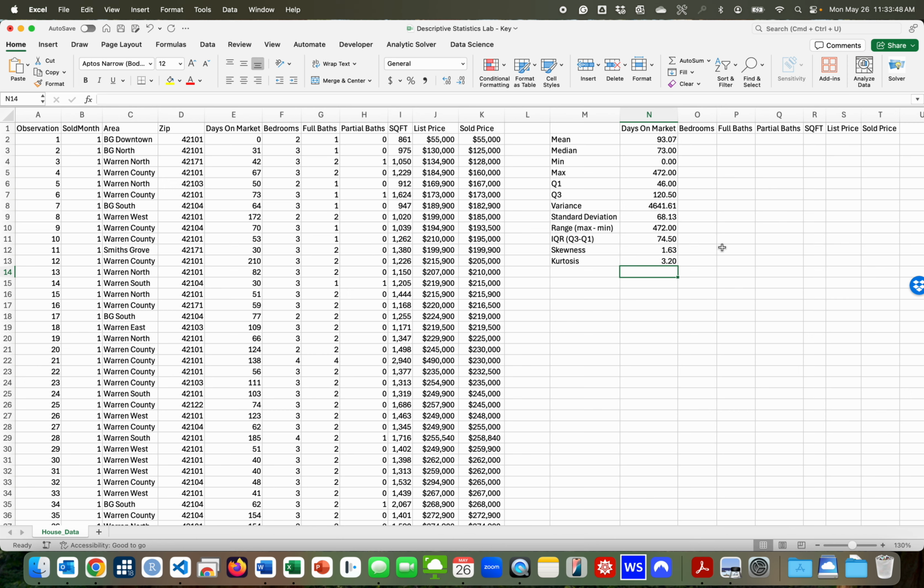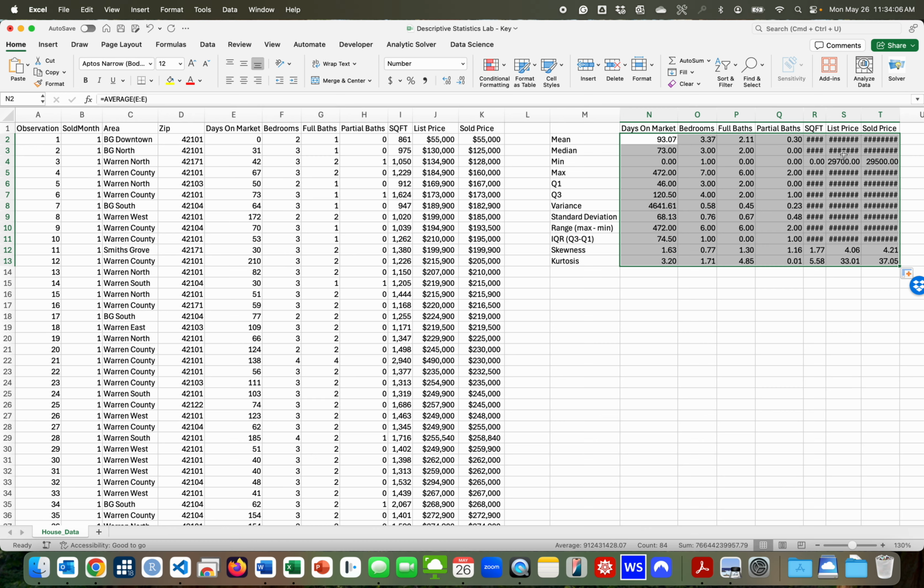So the reason we set it up like this is because now that we have the descriptive statistics for the days on market variable, we can highlight these columns, go to the bottom right, and where it picks up that little black cross, drag that over, and now we have descriptive statistics for all the variables.